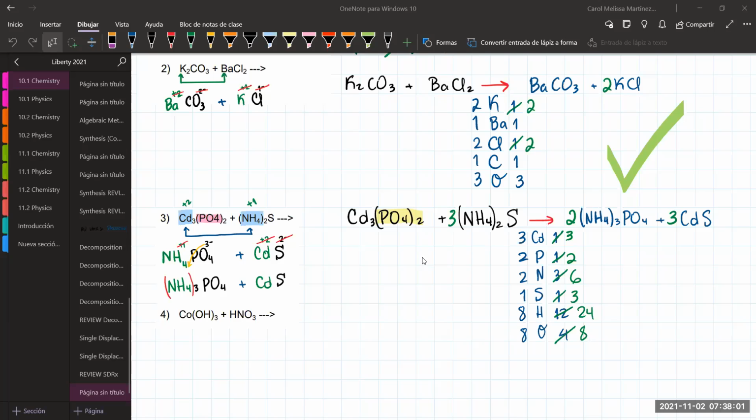Okay, on the other side I affected this part only, so I'm affecting nitrogen. Now it is 6, sulfur now is 3, and hydrogen now is 24, and now it's balanced.